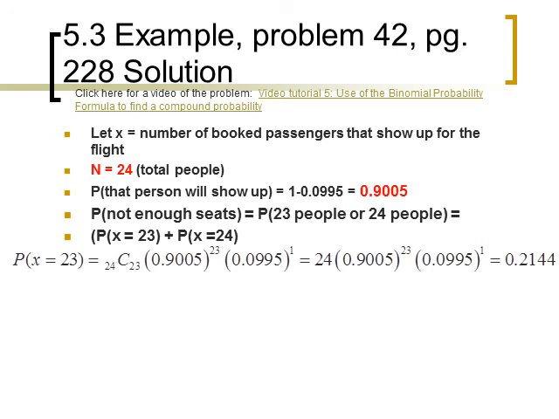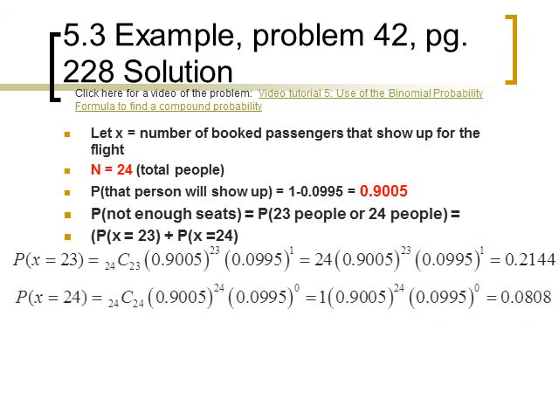Remember that that second value is the Q, the complement of the P. So you subtract one of the values from 1 to get the second number. This simplifies to 0.2144.